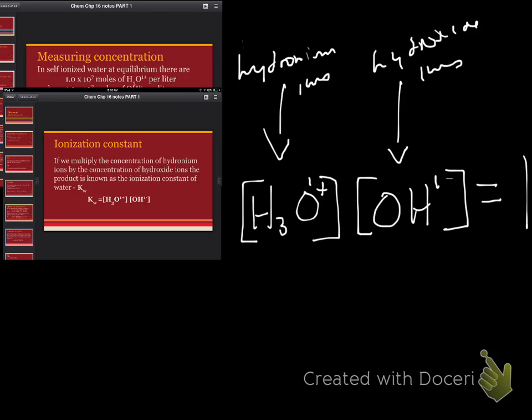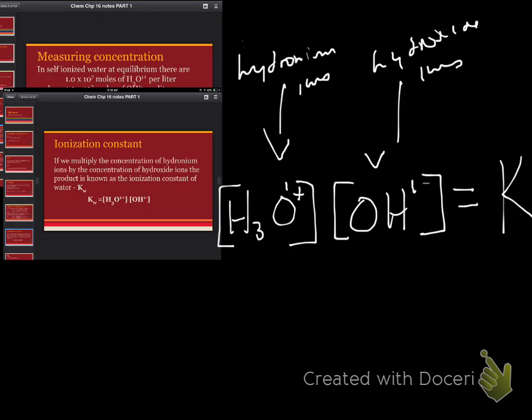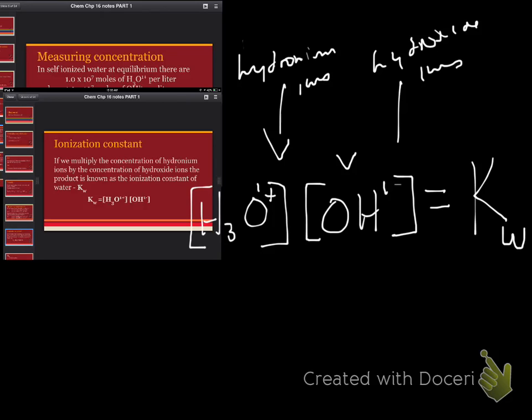And constants in science, as you know, are typically shown with the K. This one is the ionization constant of water, so it is K sub W. So this constant doesn't really change. And we said at different temperatures we're going to get different levels of hydronium and hydroxide ions, but their product is always the same. It's always a constant product. So it is the ionization constant of water.